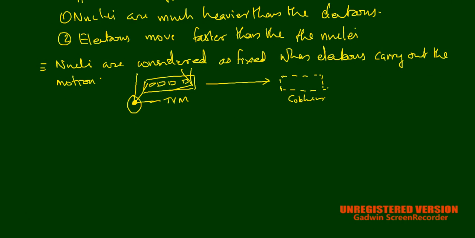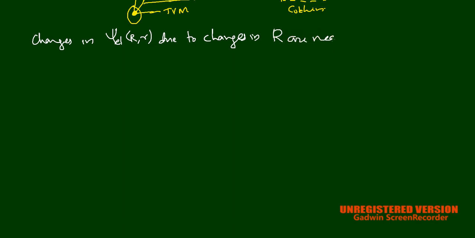Due to the Born-Oppenheimer approximation, the changes in psi electronic(r, R) due to changes in R are negligible.